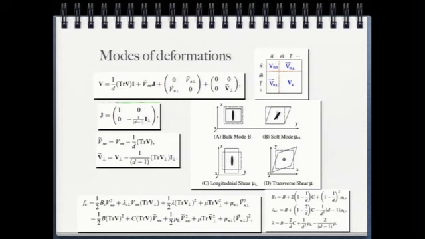And we can further define new components, which is the trace of V. That's a linear combination of V_NN and the trace of V perp. Plus V tilde, which is a combination of V_NN and V perp.